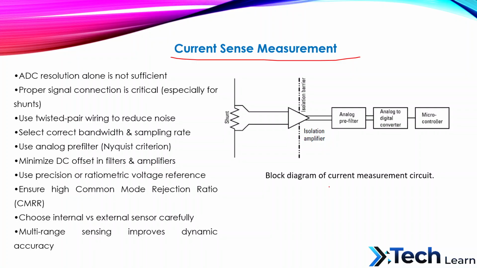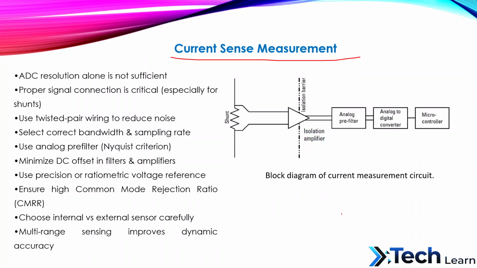Using precision or ratiometric voltage references reduces the reference related errors. High common mode rejection ratio is essential, especially in shunt circuits. Integrated sensors save space but may complicate the PCB layout. Multi-range sensing improves integration accuracy for wide dynamic current ranges.